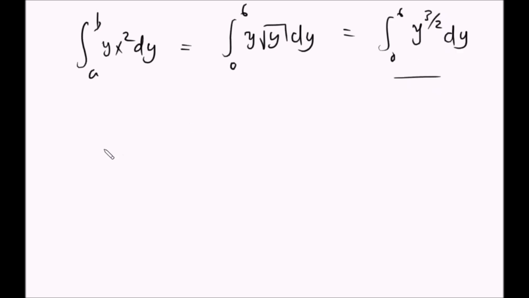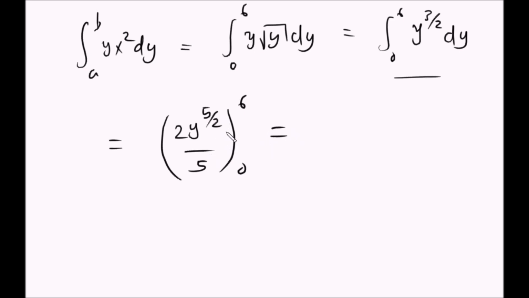So ukiintegrate huyu unapata nini? Unapata y power 5 over 2 times 2 over 5. So from 0 to 6. So nikiingiza hapa limits of integration, by using your calculator, napata 35.272.